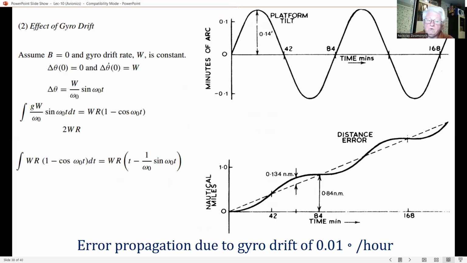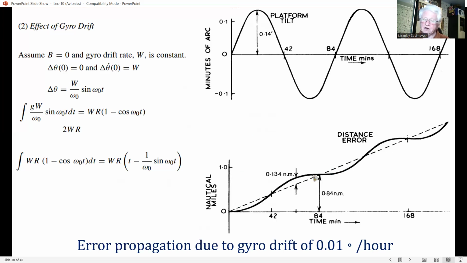But it should be noted that this represents the error built up along the north and east axis, so the radial error will be multiplied by square root of 2, and hence will be equal to 1 nautical mile per hour.